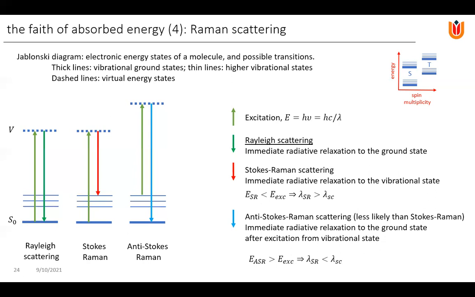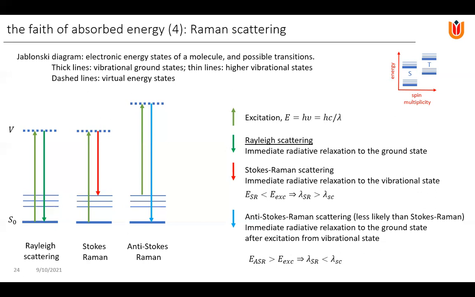So in terms of this picture, for scattered light, it really does not matter. Let's say you have S0 here, you have S1 somewhere up there, in the vibrational level over here. If you would match the S1 level, then the light would be absorbed. If you match anything in between, then the light will just be scattered.